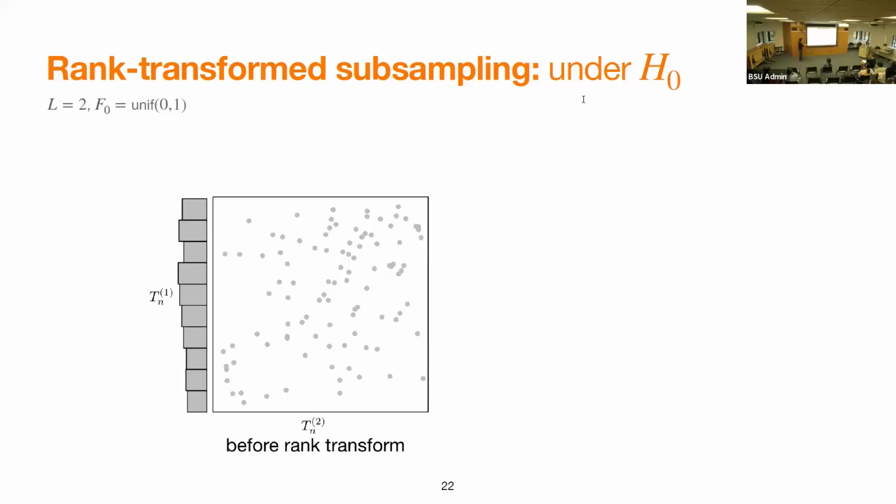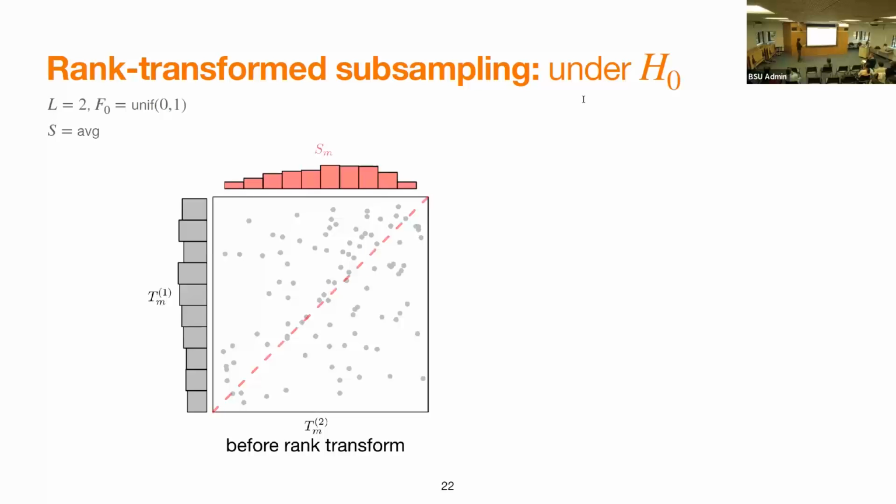So this is the empirical distribution of the copula, because now the margin distribution is uniform. So this is sampling under the null. As I would expect, the null distribution is still uniform.